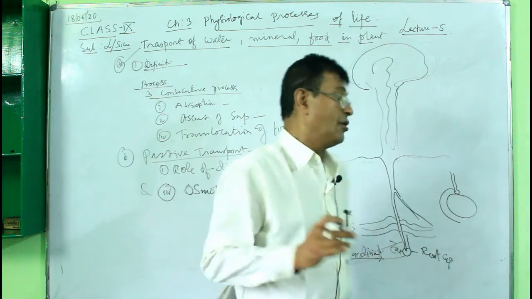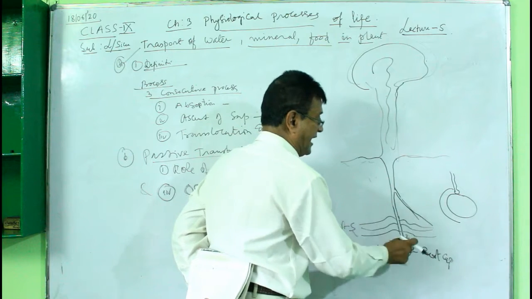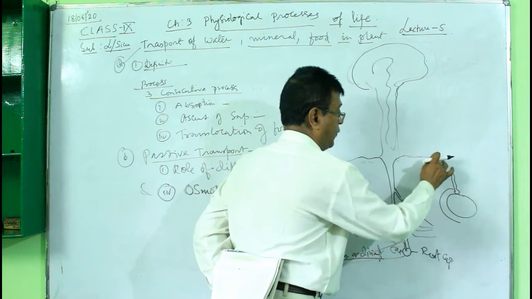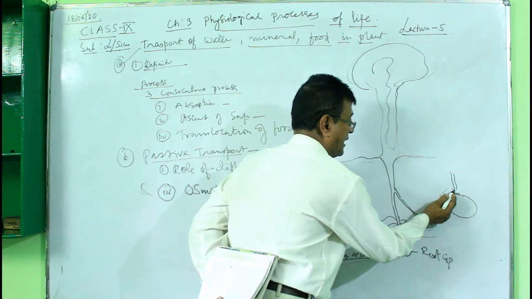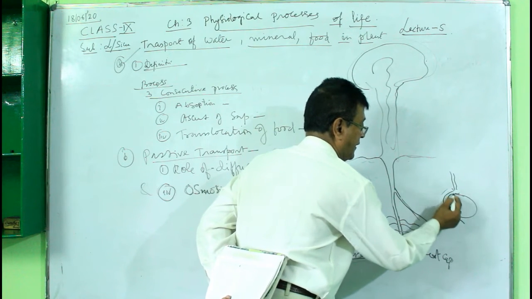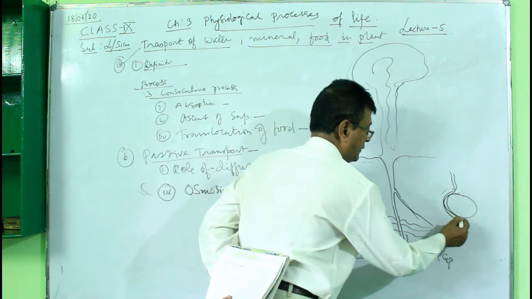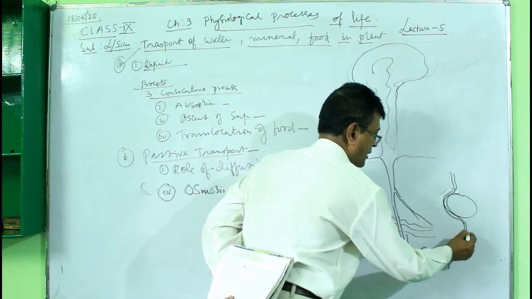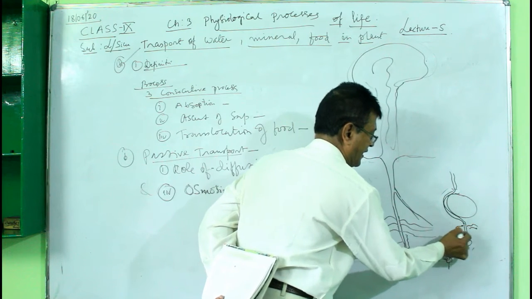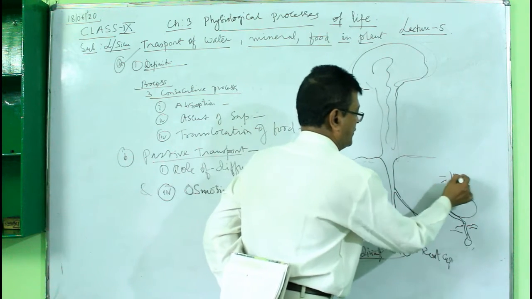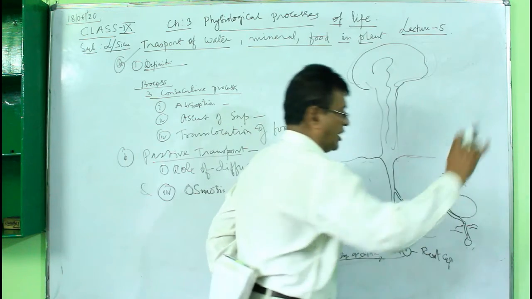For that, the root hairs fall, and this part elongates and comes here. And then again the root cap grows and root hairs come out over here.